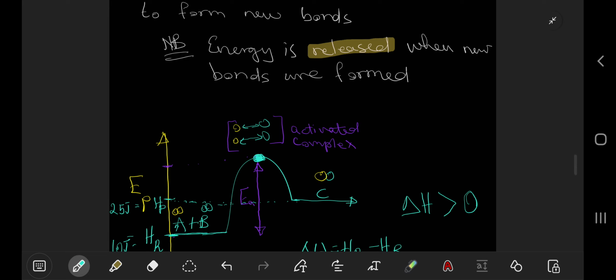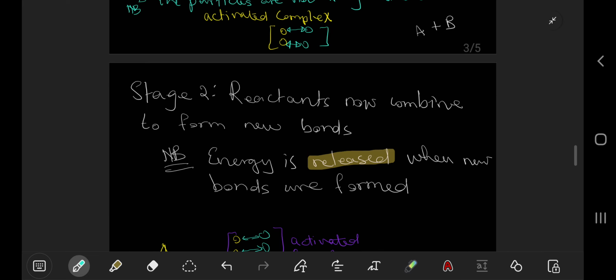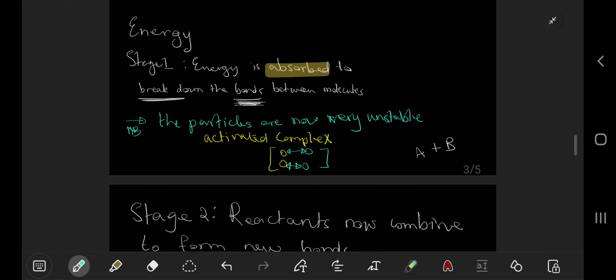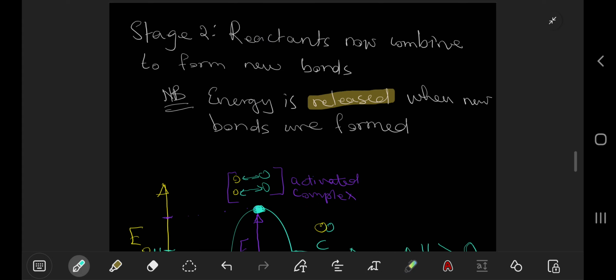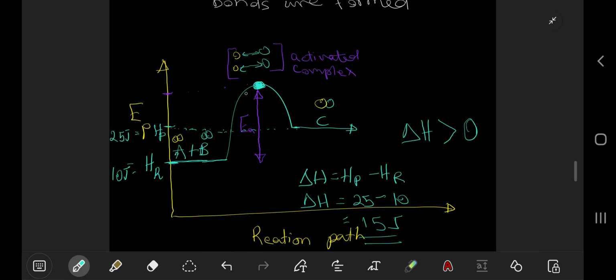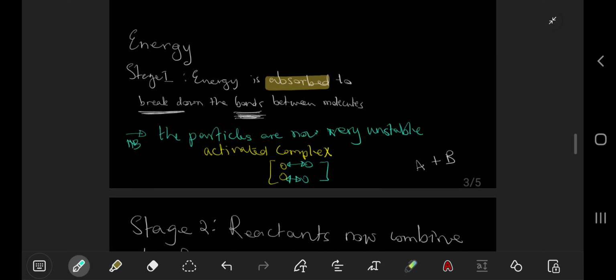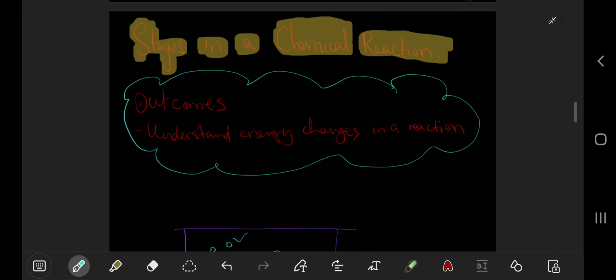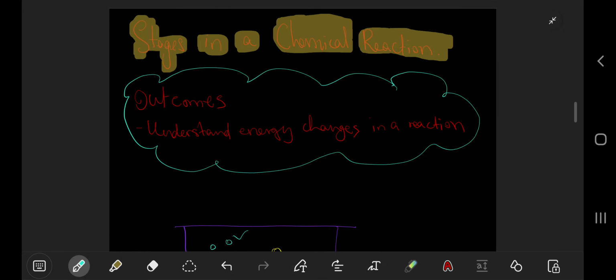We explain this using the two stages of a chemical reaction. Stage number 1, energy is absorbed to break down the old bonds between the molecules. And then the second stage, energy is released to form new bonds. So now we can see that we have achieved our outcome for this lesson.